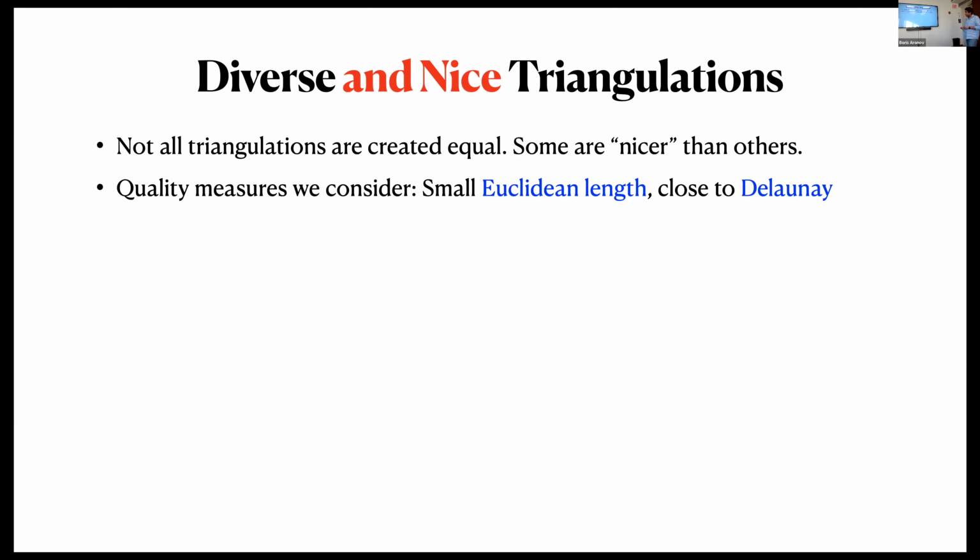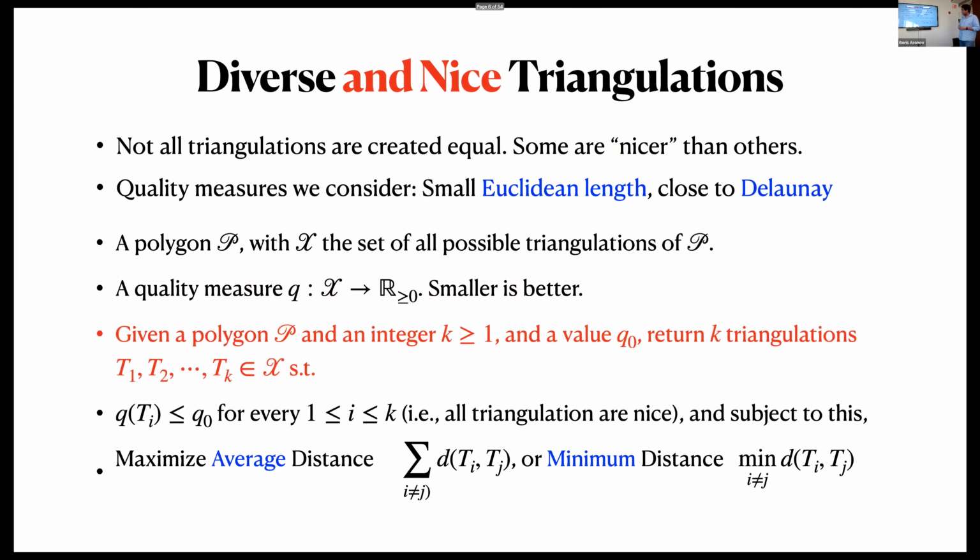And so now we can enforce the algorithm to also output nice triangulations. So now the input is the polygon and some sort of quality measure Q. This quality measure tells you how good a triangulation is. It takes as input a triangulation and tells you how good or bad it is. Right now, let's just say it outputs a number and smaller is better.